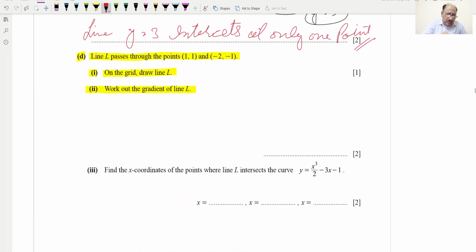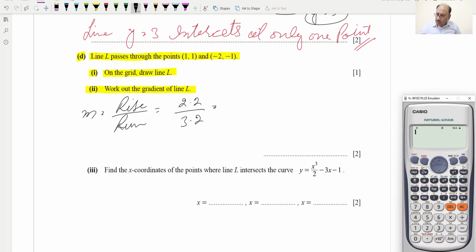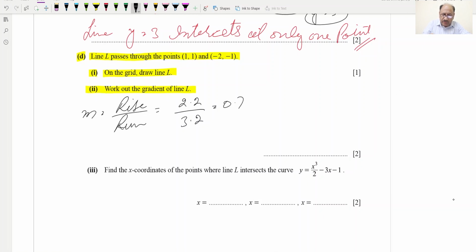So we can write m is equal to rise over run, which is equal to 2.2 over 3.2. 2.2 divided by 3.2 is equal to 0.68, or we can write 0.7. So 0.7 will be the gradient, which is a positive gradient. So this is our answer.